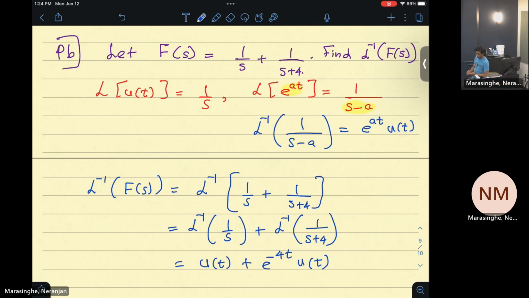Here, if you plug minus 4 instead of a, right, you would get s plus 4. Right. Any questions about this example?